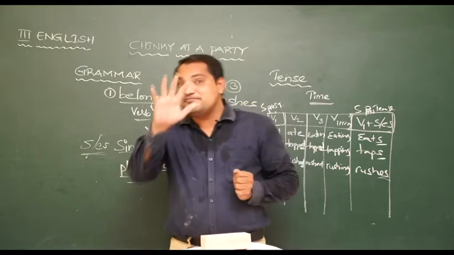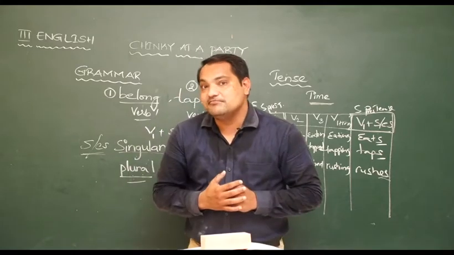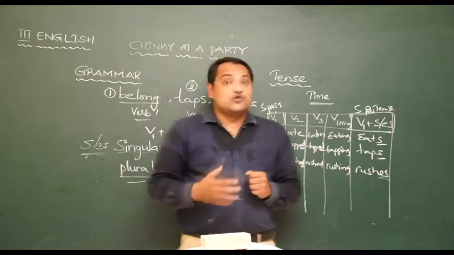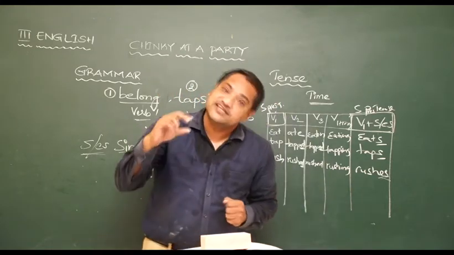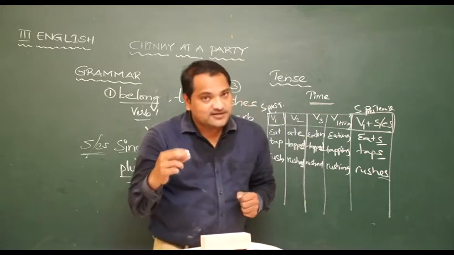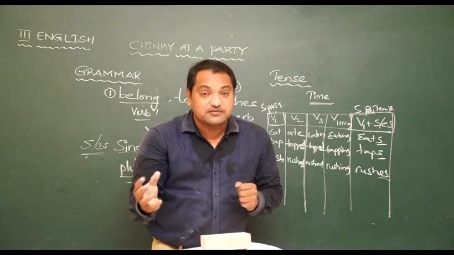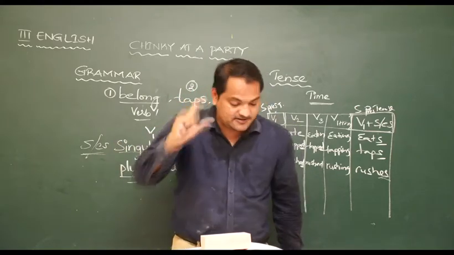Kho-kho team, 9 people. Kabaddi team. Then we have cricket team. Quiz team. So when you say team, it is a collection of many people. But we consider it as one.